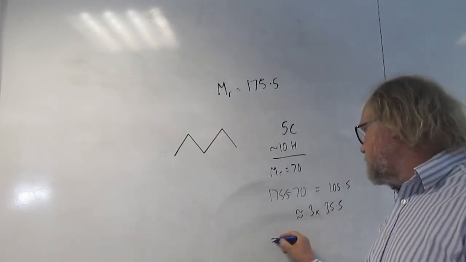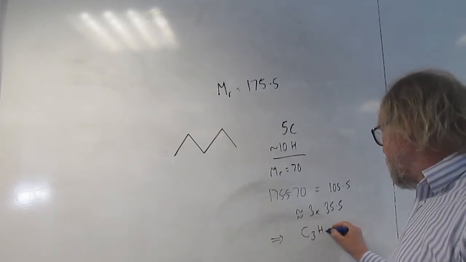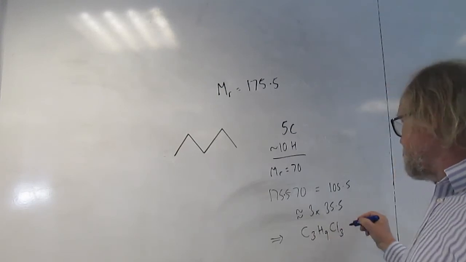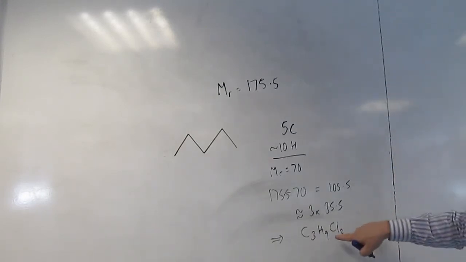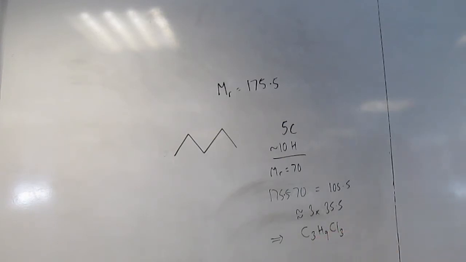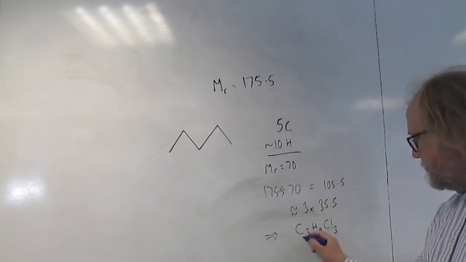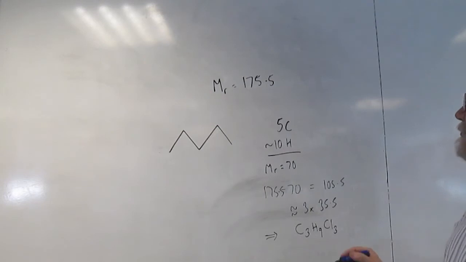So that suggests that we've got C5, and it'll be H9 in fact, Cl3, because obviously if we had 12 hydrogens to start with, if we've put 3 chlorines in, we have to lose 3 hydrogens. So C5H9Cl3, and then you just check that. 5 12s are 60 plus 9 is 69, plus 3 lots of 35.5 does indeed add up to 175.5.